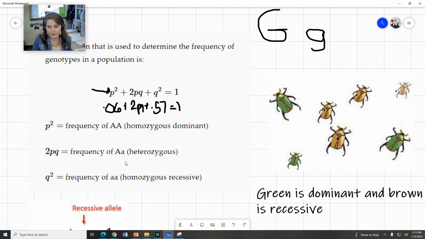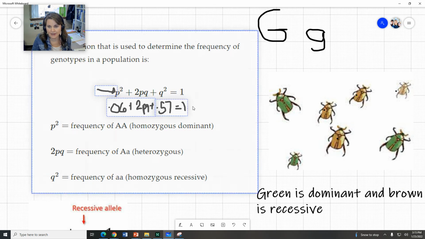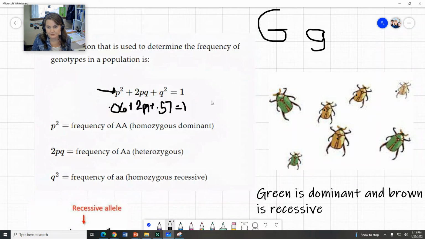I'm going to take 1 and subtract 0.06, because that gets rid of that on the left side.